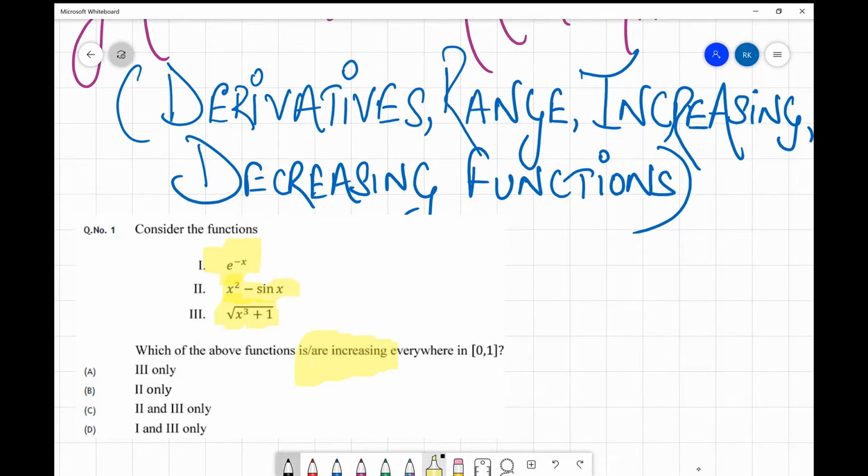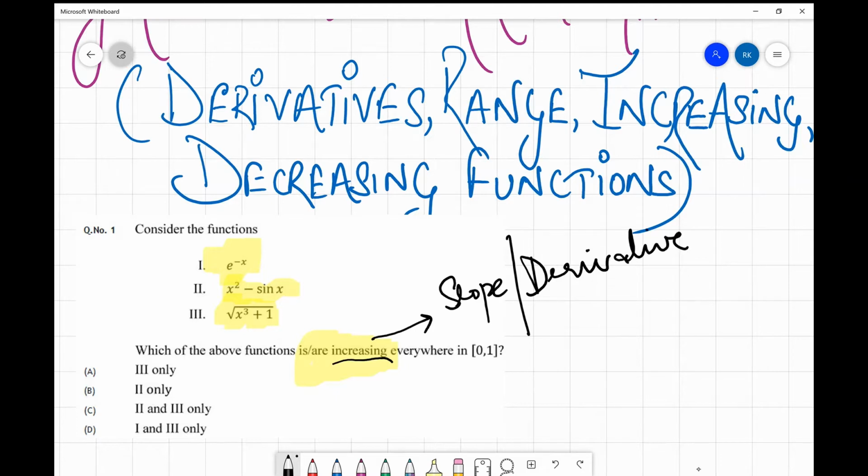Now we need to recall that for a function to be increasing, the necessary property is that its slope, or derivative, should be positive.